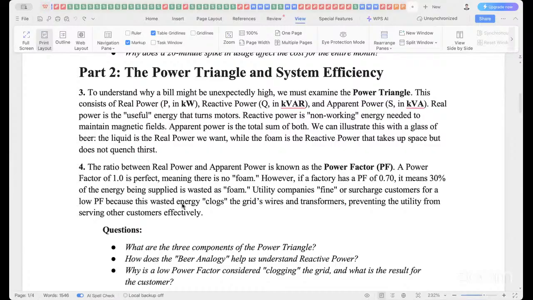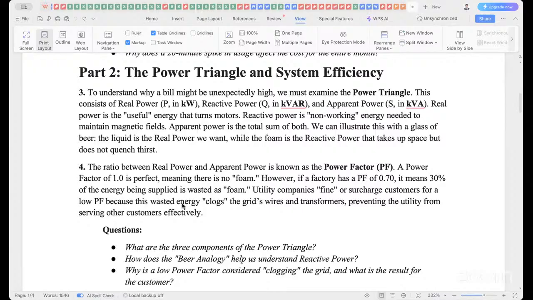The ratio between real power and apparent power is known as the power factor, PF. A power factor of 1.0 is perfect, meaning there is no foam. However, if a factory has a power factor of 0.7, it means 30% of the energy being supplied is wasted as foam.